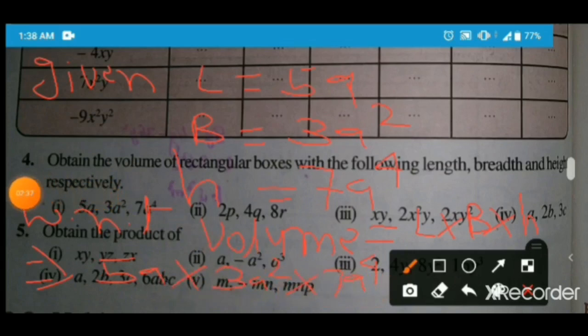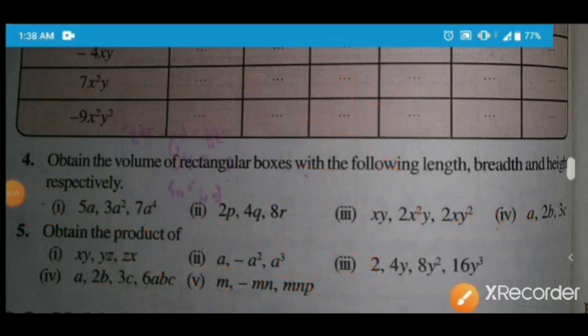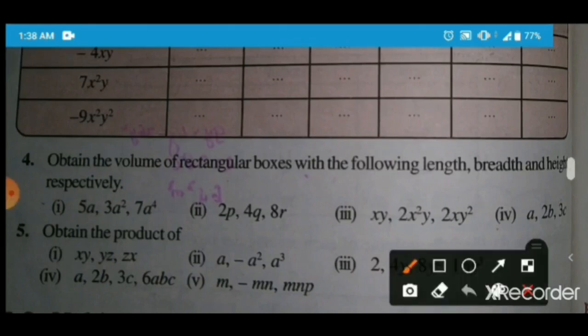So in our next step we can write it is 5 into 3 into 7, and in second bracket we write a into a square into a raised to the power 4.